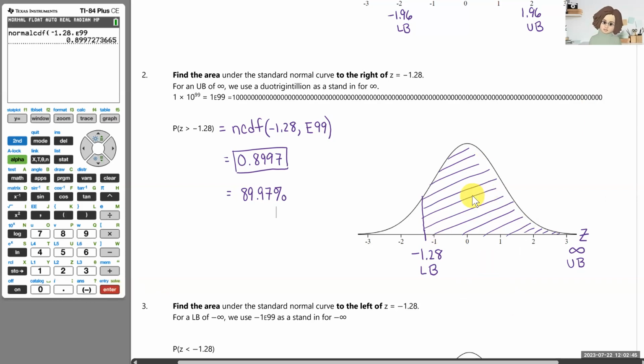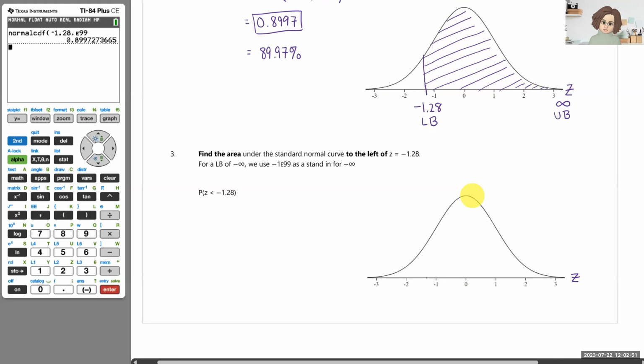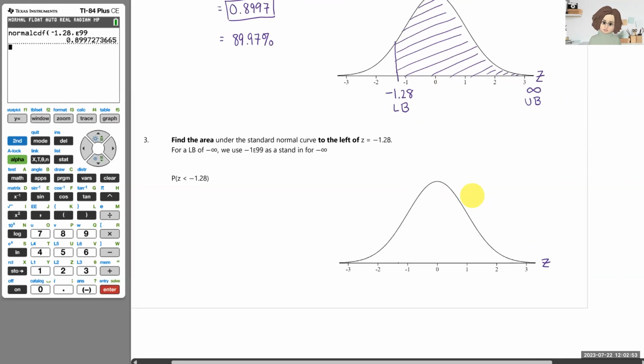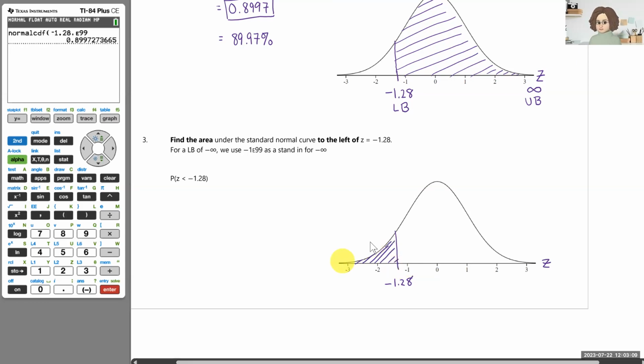Okay, one more case. What if we wanted to know the area to the left of a value? And I'm going to stick with my same z-score, z of negative 1.28, but I'd like to know the area to the left of it. Just like the right side, there is no end.